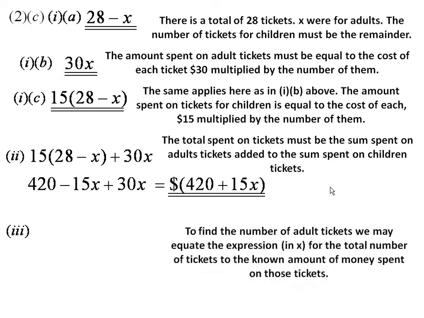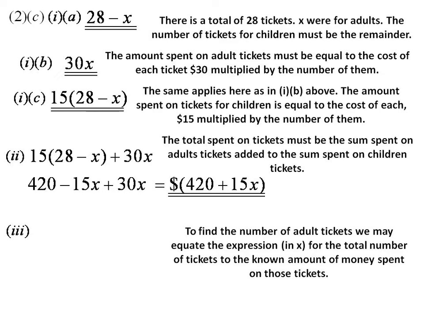To find the number of adult tickets, which is x, as we have it right up here, we may equate the expression in x that we have arrived at right here for the total to the known amount of money spent on those tickets.